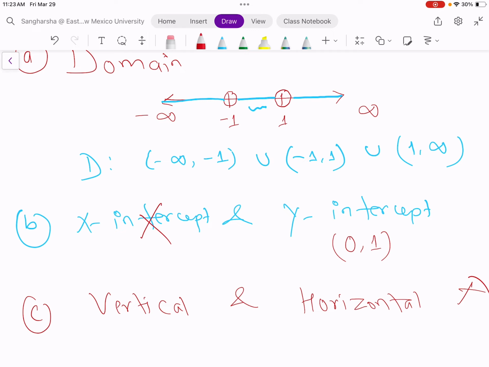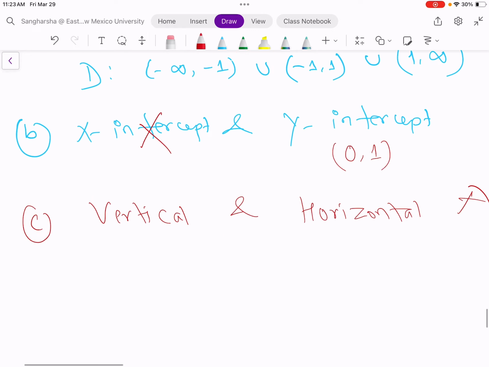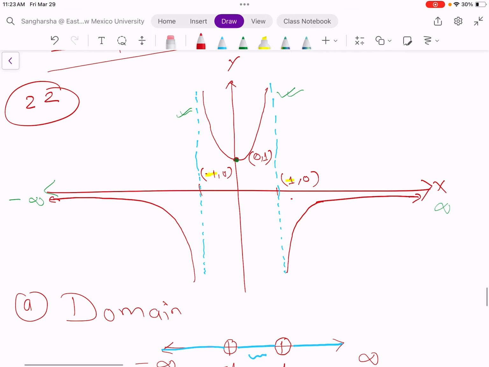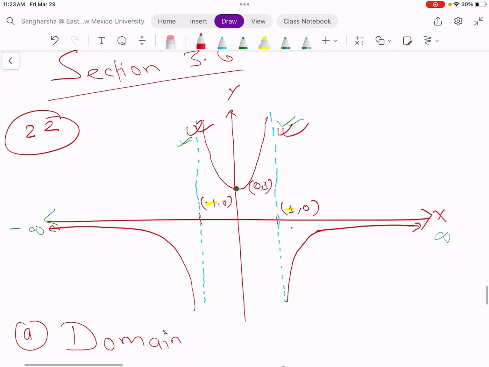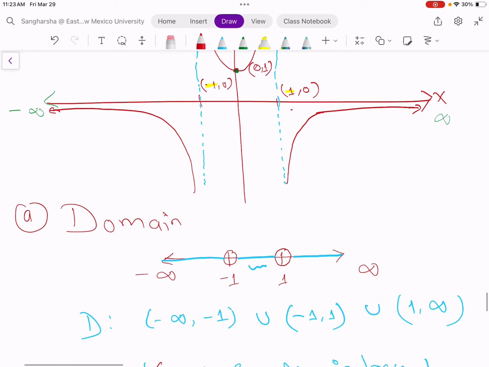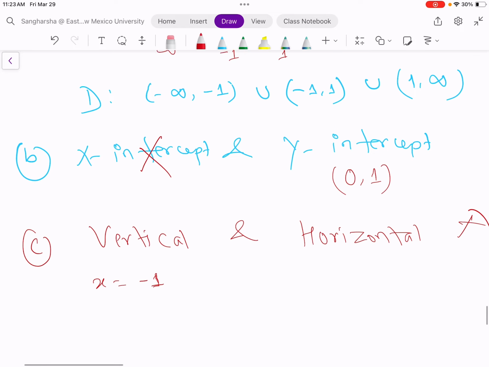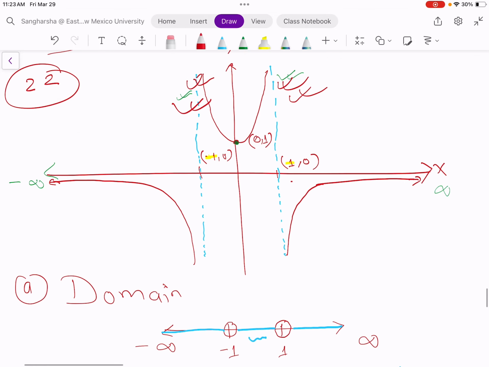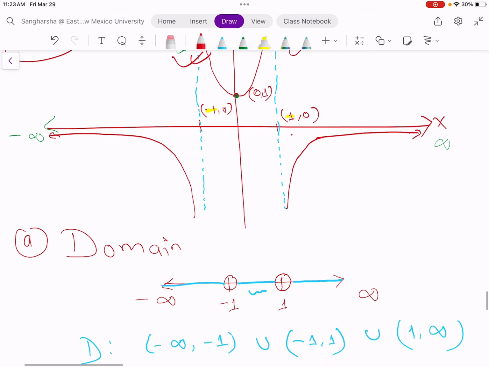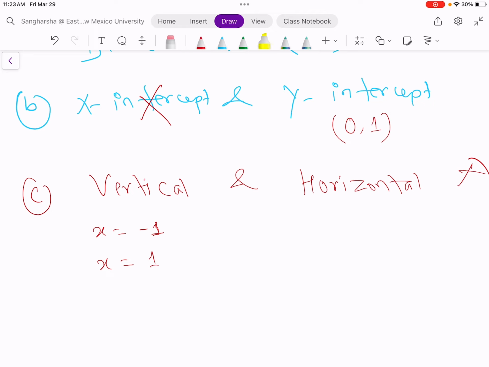So these two lines are the vertical asymptotes. This line is at -1, so x equals -1 is one vertical asymptote, and the second vertical asymptote is at +1, so x equals +1. If you don't write the x, you won't get the credit, because a vertical asymptote is a vertical line, and for every vertical line the equation is x equals some number.